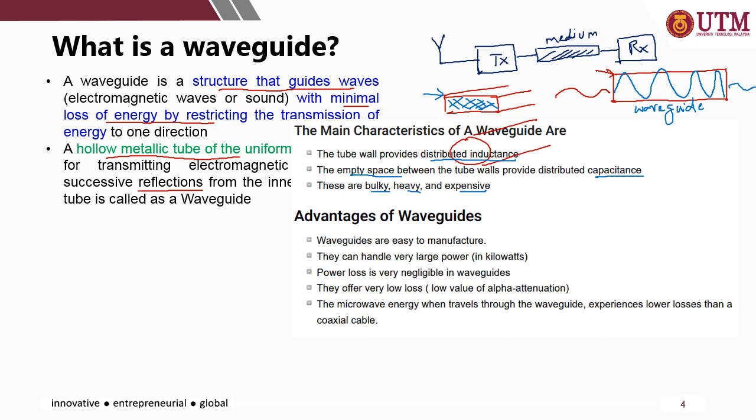The advantages of waveguides: easy to manufacture, can handle very large power in kilowatts, power loss is negligible or very minimal, and they offer very low loss, a low value of attenuation alpha. And microwave energy traveling through a waveguide experiences lower losses compared to other media, for example coaxial cable or free space.